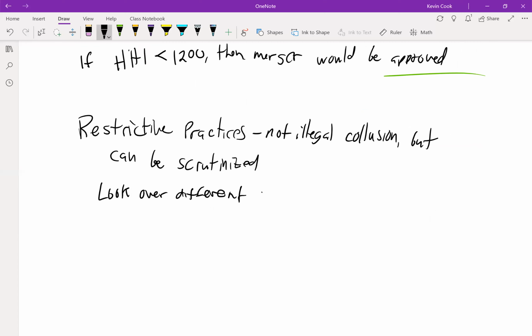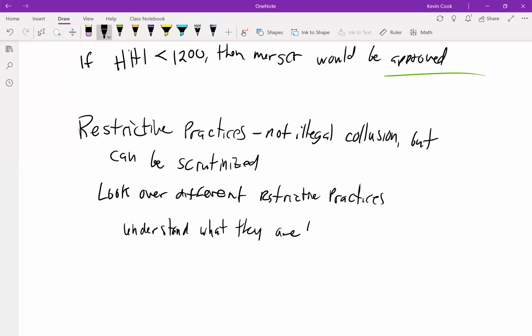So look over these different restrictive practices when you get the chance, and just understand what they are and what they do. And you'll find these in, I believe it was chapter 11, this chapter on competitive things.